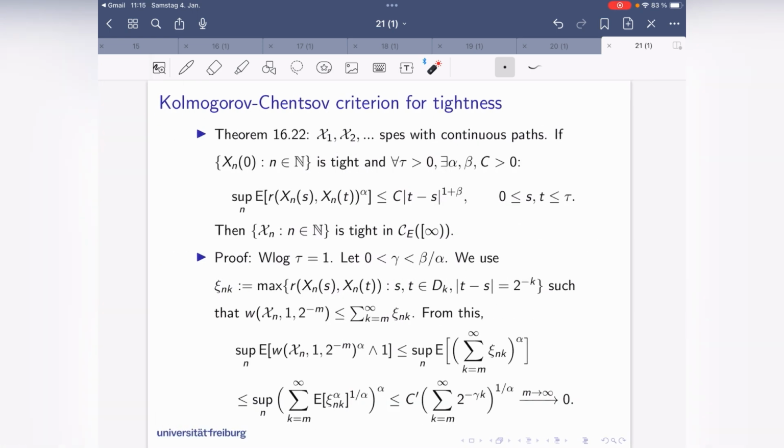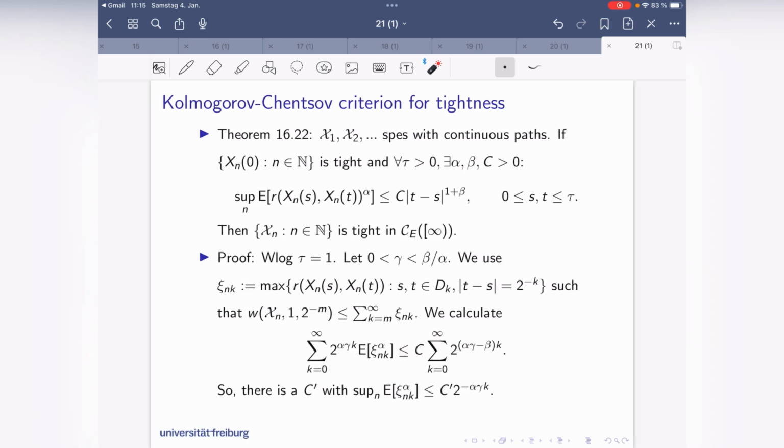And now let me end by yet another tightness criterion for continuous processes. And this here is based on the so-called Kolmogorov-Chentsov result that we already had, where we proved that Brownian motion has continuous paths. And here's a result for tightness that comes without the modulus of continuity.